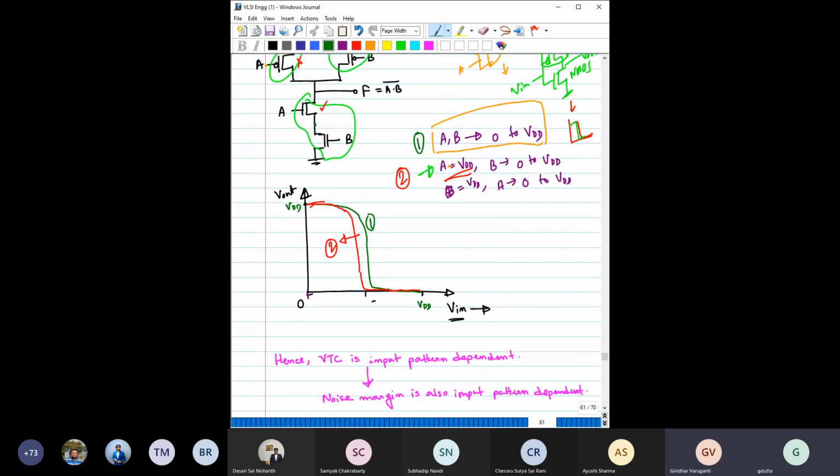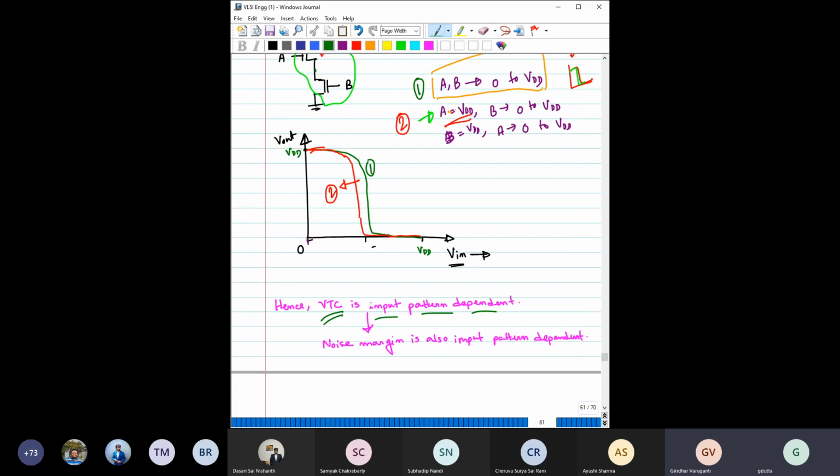So see the beauty here. The VTC here is dependent on the input pattern, whether it is changing simultaneously or one is fixed and the other is changing, right?